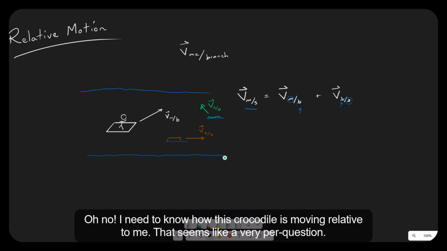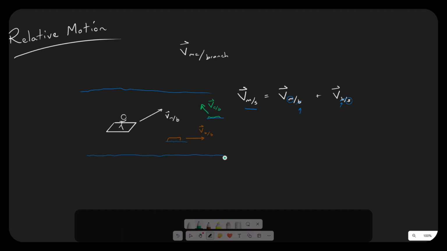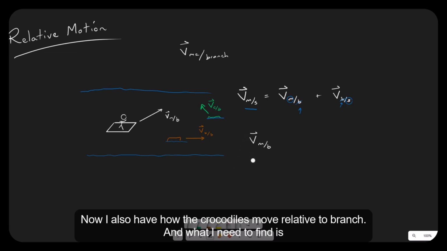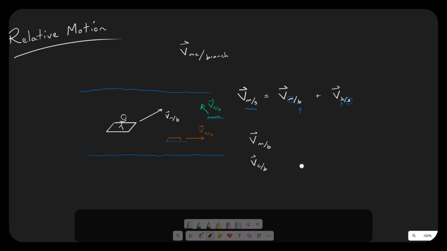Oh no, I need to know how this crocodile is moving relative to me. That seems like a very pertinent question. So I have how I am moving relative to the branch. That's a quantity I already had. Now I also have how the crocodile is moving relative to the branch, and what I need to find is how the crocodile is moving relative to me.